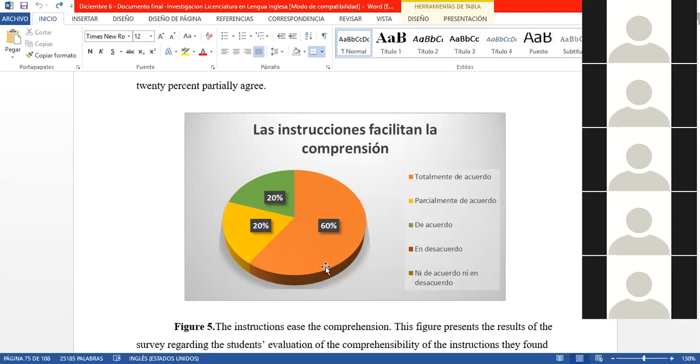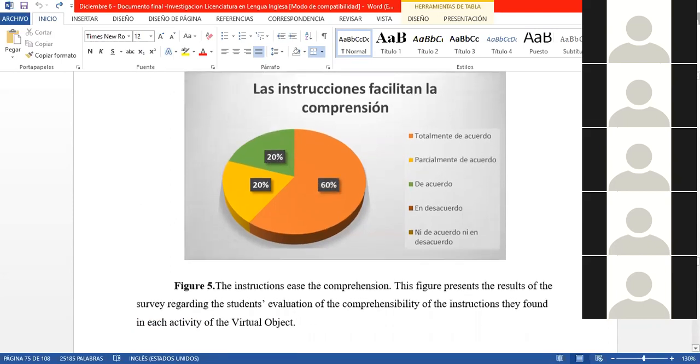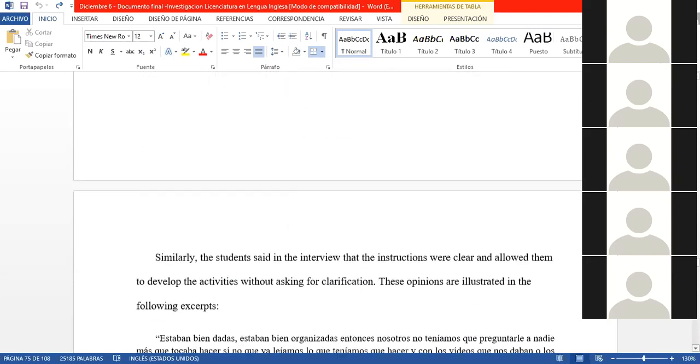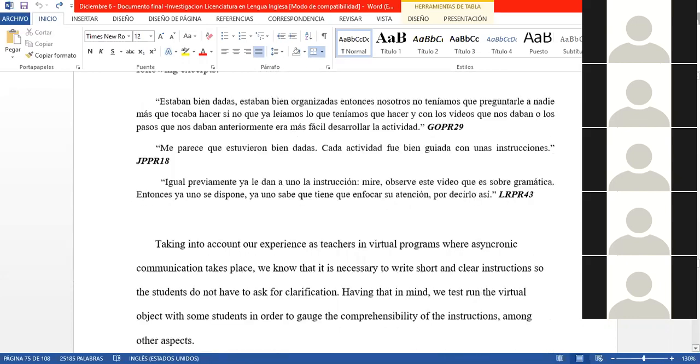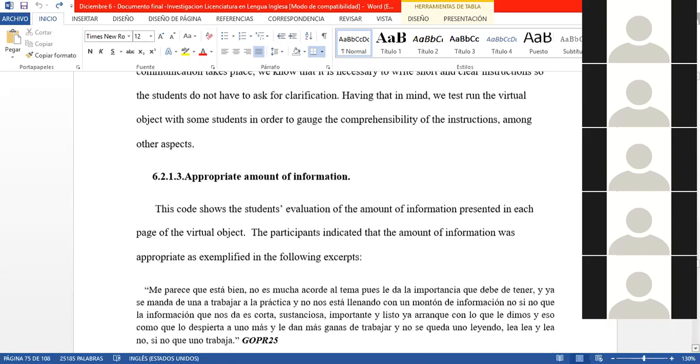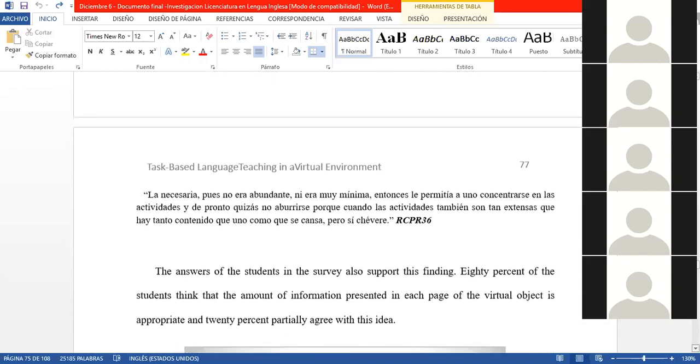So this other way to collect data supported the interviews data analysis, because it's necessary to collect data from at least two instruments.